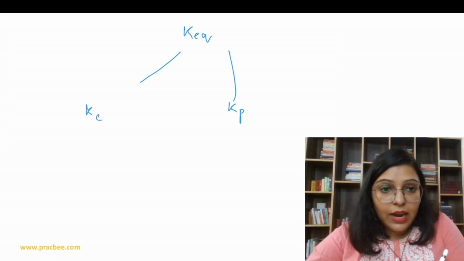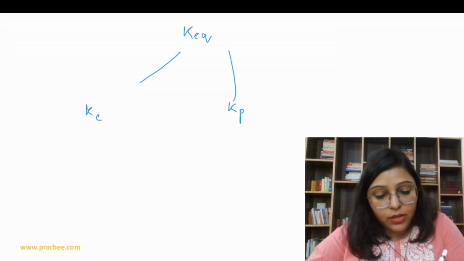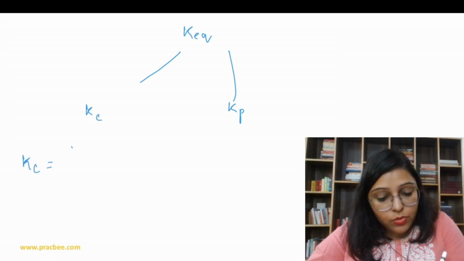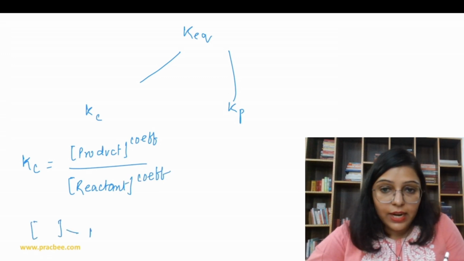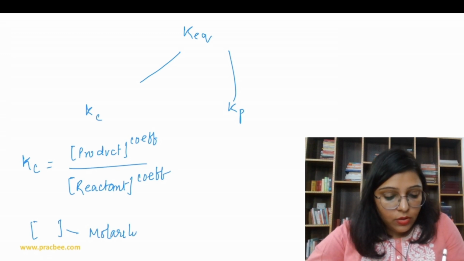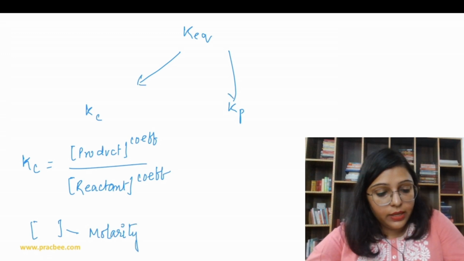So in Kc, we have to take the concentration of products, right? Molar concentration, molarity. So here Kc is equal to the concentration of products raised to the power of its coefficient divided by the concentration of reactants raised to the power of its coefficient, and that concentration should be molarity.